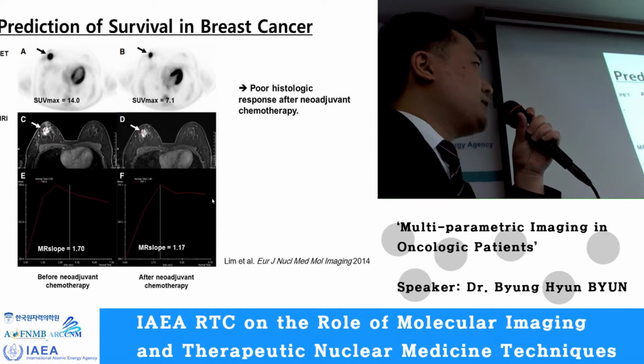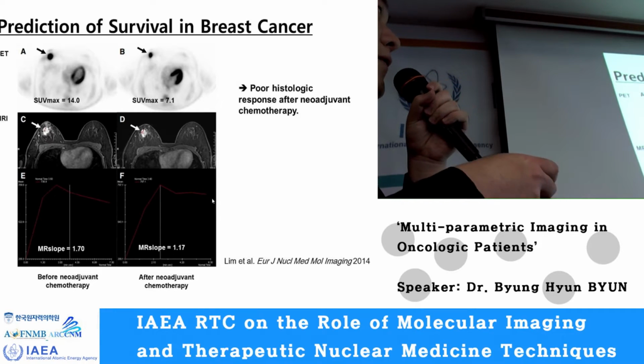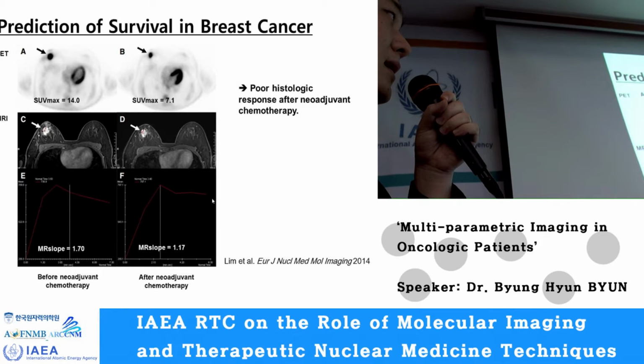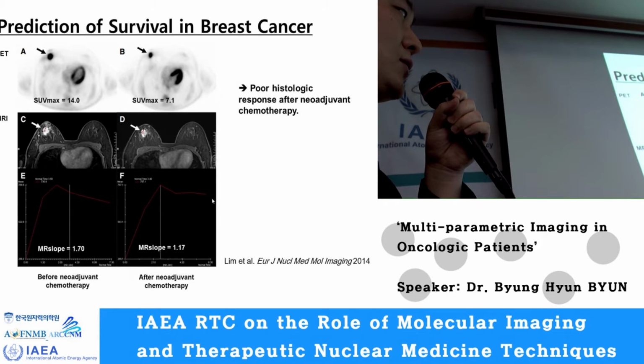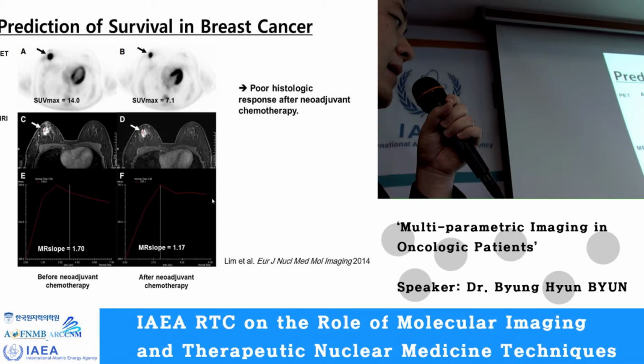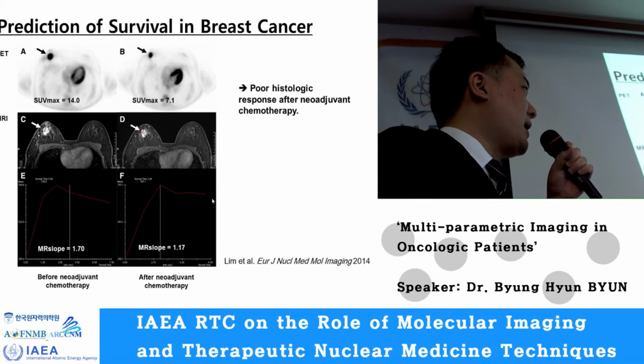Another simple approach is to combine parameters for the prediction of survival. This is an example. In our institution, we combined the SUV and the MR slope. MR slope is another parameter for dynamic MRI.